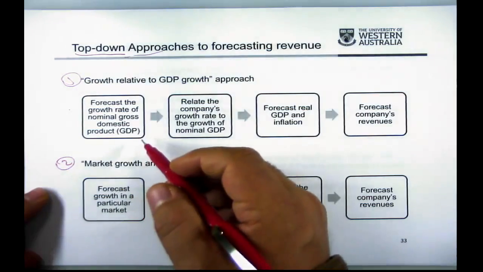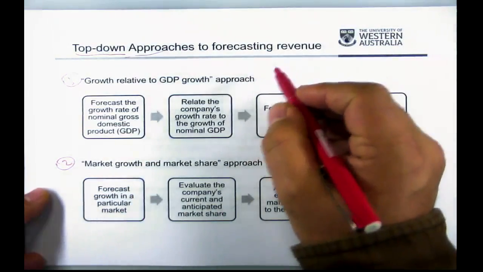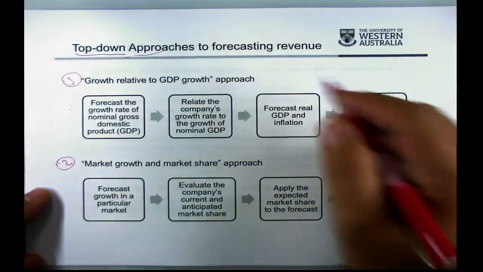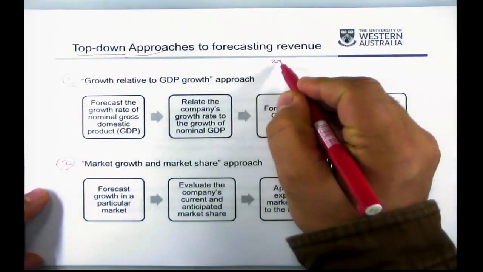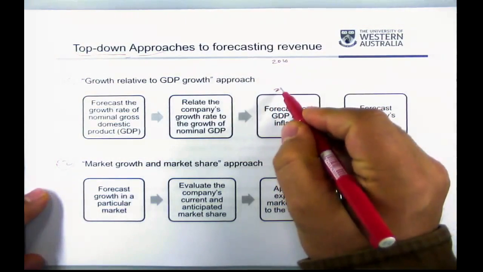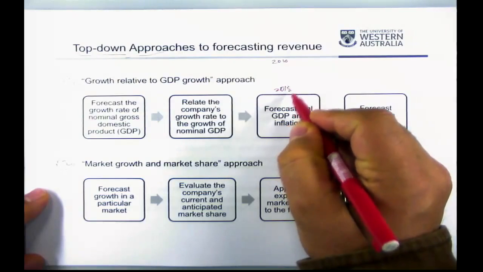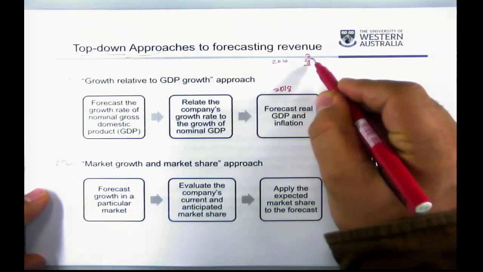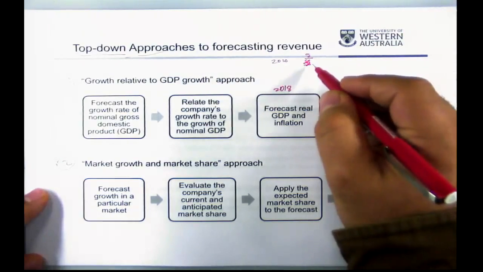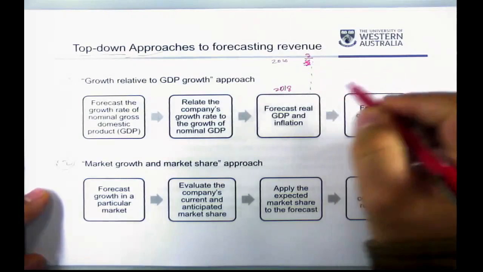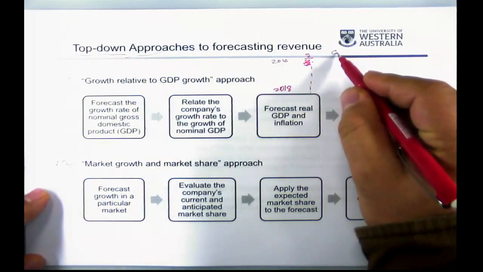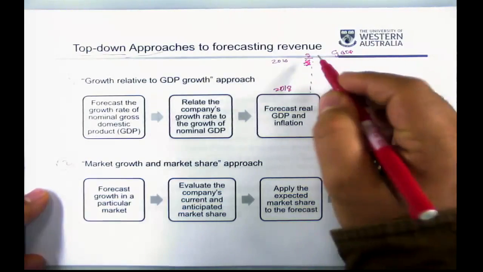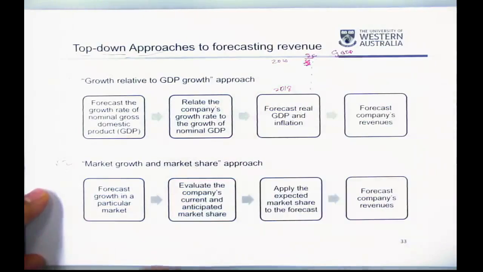So what you need to do, you can take, for example, a sample from 2010 to 2018. You calculate the growth rate in the sales of the firm from here to here. And then you calculate also the growth rate of the GDP.